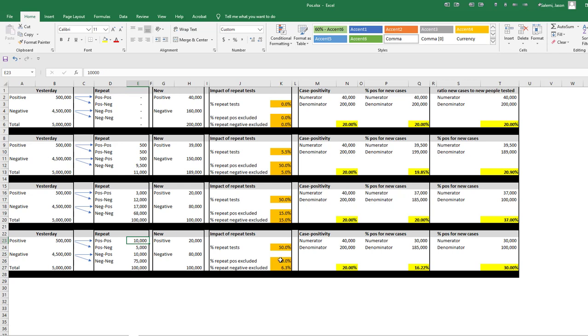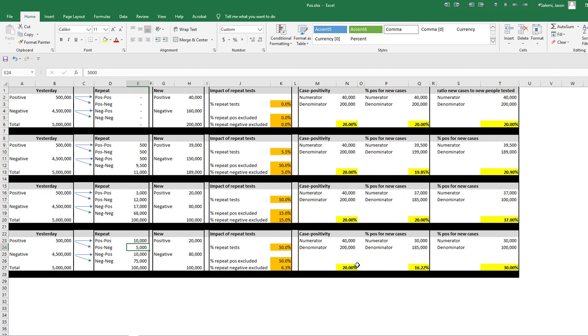So I'm going to throw away 50% of all repeat positive tests, but I'm only going to throw away 6.3% of repeat negative tests. Why? Because again, of these repeat negative tests, only a small proportion were previously positive, and that's who I'm excluding. So again, big difference in these two.